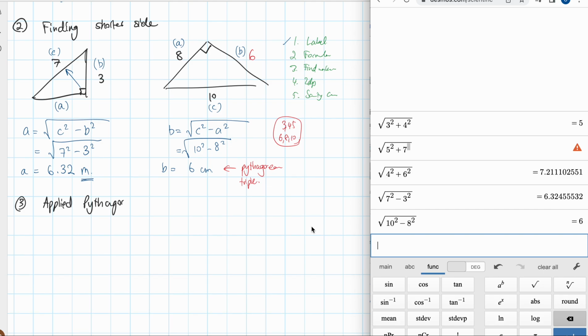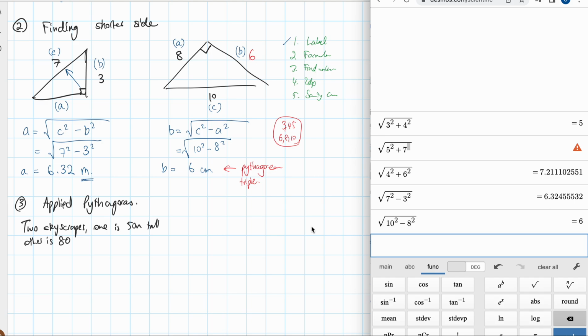For those of you who were at the last lesson, they would know this one already. So we've got a situation we're going to have a look at. So let's say we have 2 skyscrapers. One is 50 metres tall. The other is 80 metres tall.